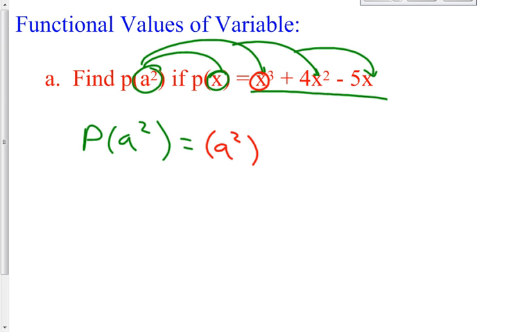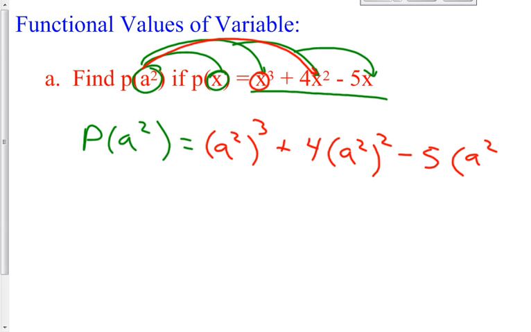So that number I'm going to raise to the 3rd power, plus 4 times x squared, which x is once again a squared. That number squared. Minus 5 times x, which x is now a squared.